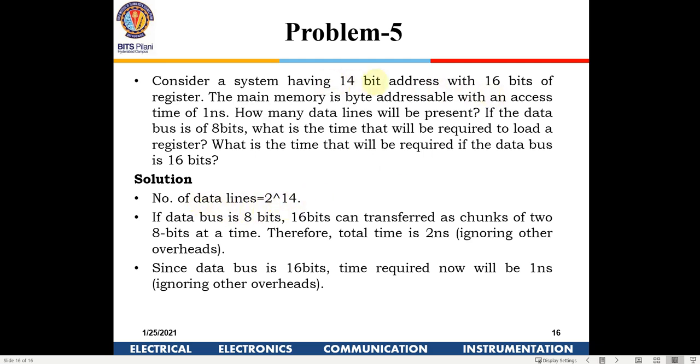That means 2 to the power of 14 different memory locations can be accessed if you have 14-bit address lines. Is it understood why it is 2 to the power of 14?